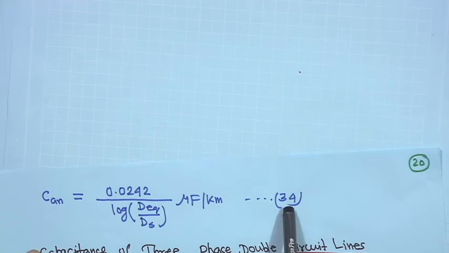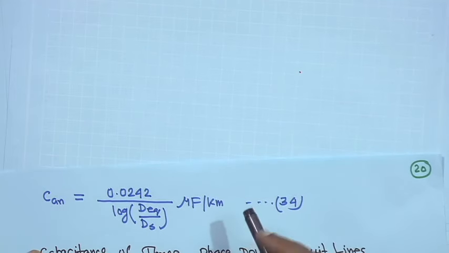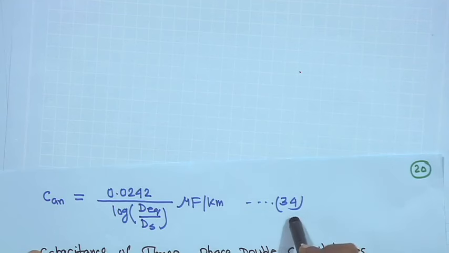This is equation 34. We write d upon r for equilateral spacing, but if you have that kind of configuration, generally we will write log dq upon ds microfarad per kilometer. This is equation 34. So, thank you.